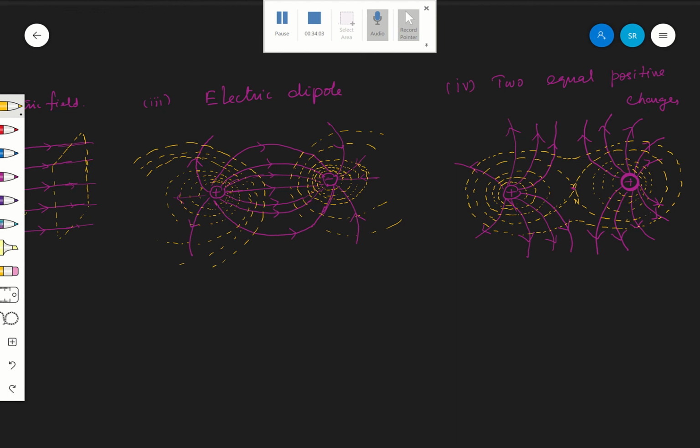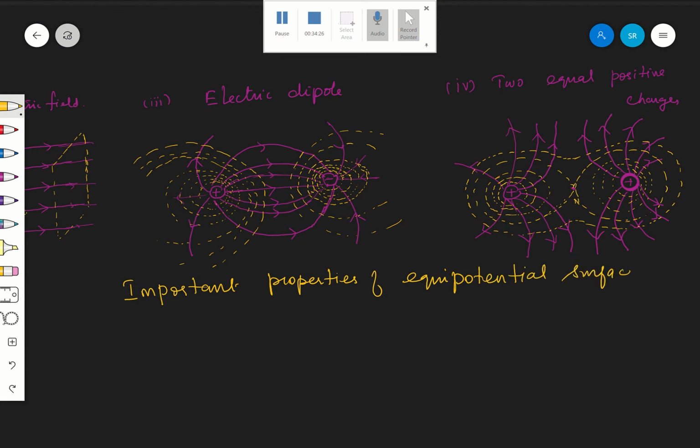Now we are going to see some of the important properties of equipotential surfaces. I am going to list them.